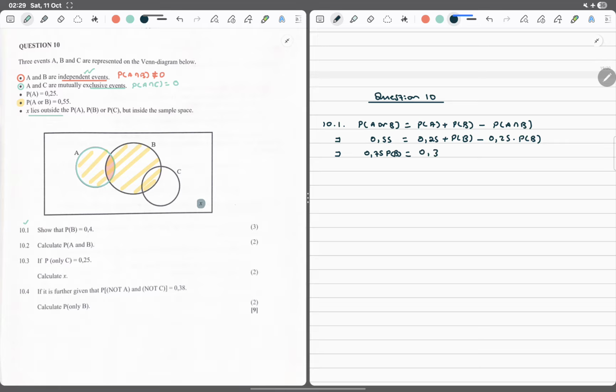Okay? So therefore, P of B is going to be 0,3 divided by 0,75. This is indeed 0,4.